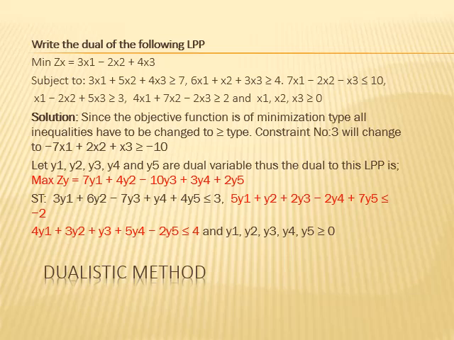The coefficients of these variables are 3, negative 2 and 4. The constraints are 1, 2, 3, 4, 5. This LPP has 5 constraints, respectively 5 constants.